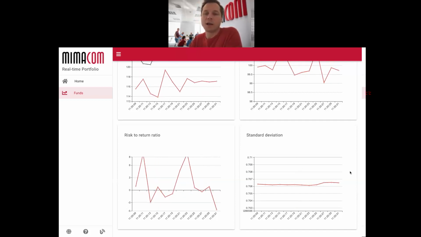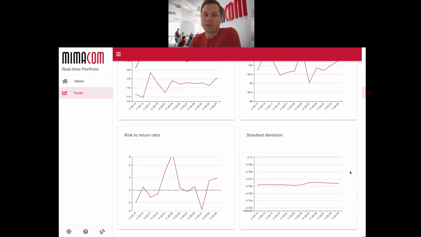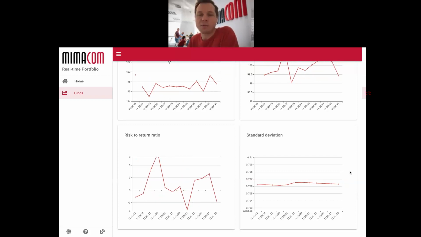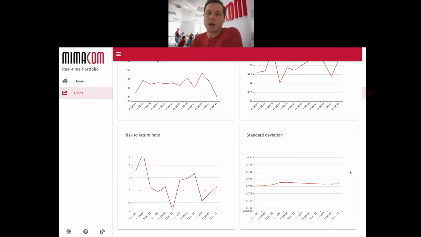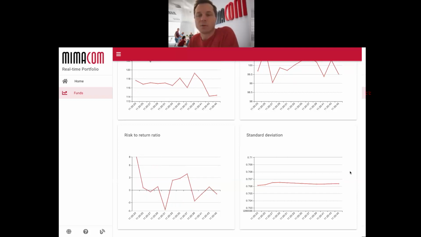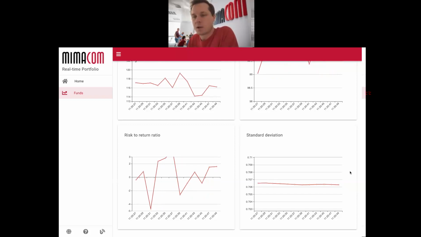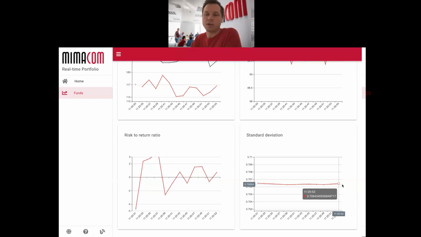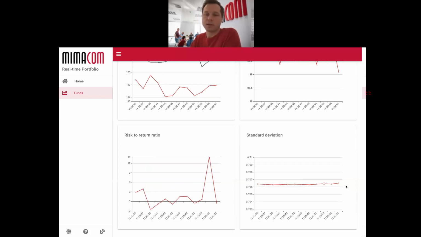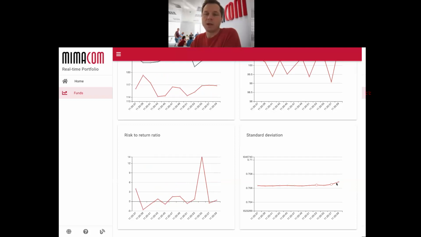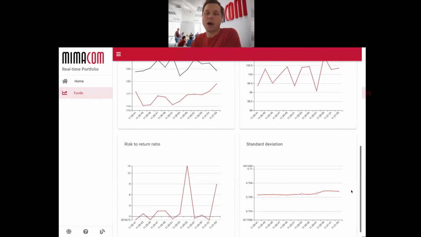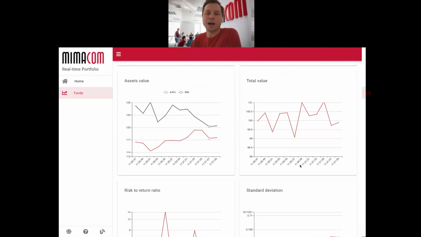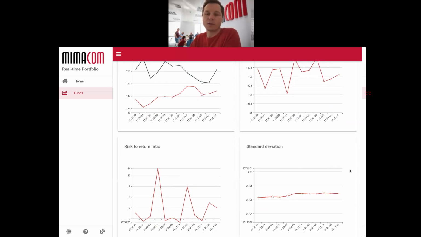On the right side, you can see the ordinary standard deviation of returns over time of this financial product. As said, standard deviation is the basis for calculating all the risk metrics in financial products, and this is what you can see here on the right. It oscillates not that much, it is more or less stable. So with this stability, you would like to have growth of your single assets to make your fund profitable.